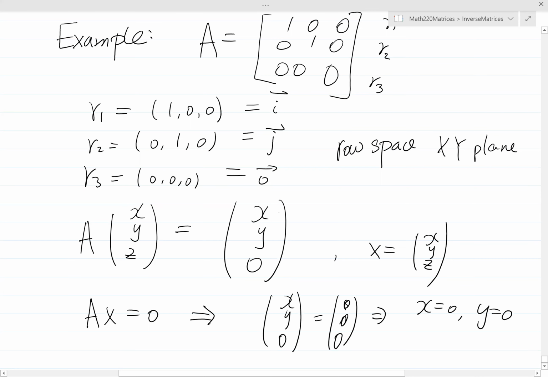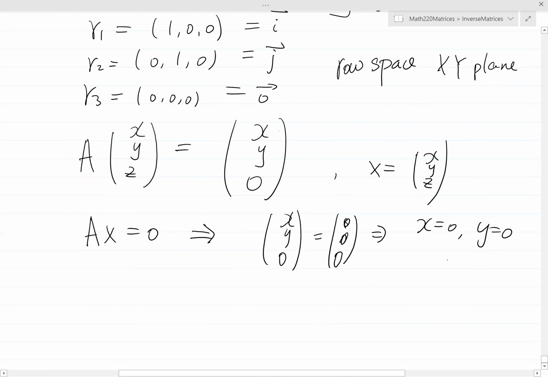So this z can be anything. z is free. There's no restriction on z. So the null space is (0, 0, z), where z is in R, all real numbers. So the null space of A is the thing.